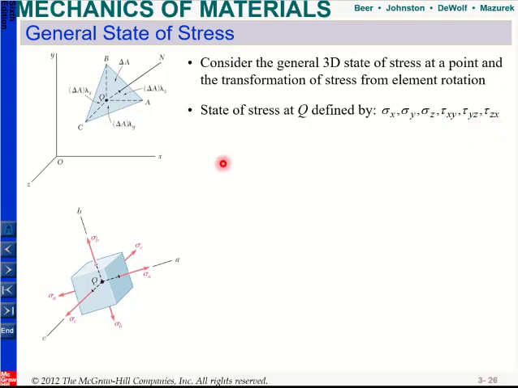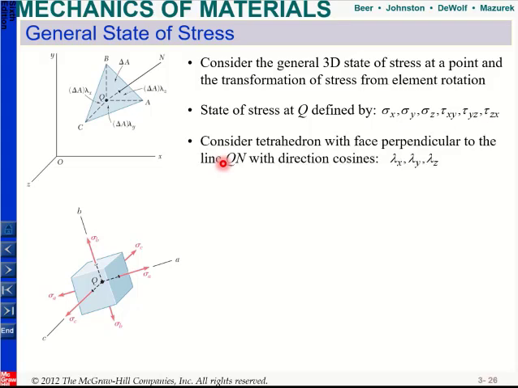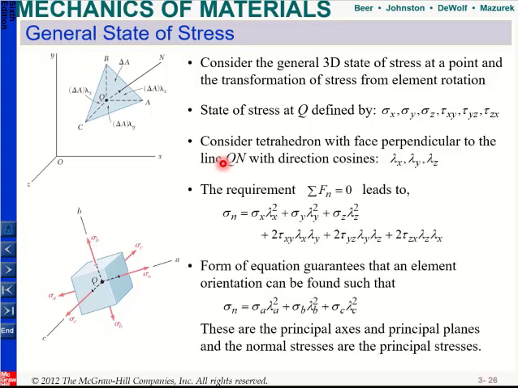And if we do a similar analysis from equilibrium, we will still have principal axes and principal planes in 3D. So if I have my stresses in the XY system, these 6 components, and I rotate to certain orientations, I will get only normal stresses.